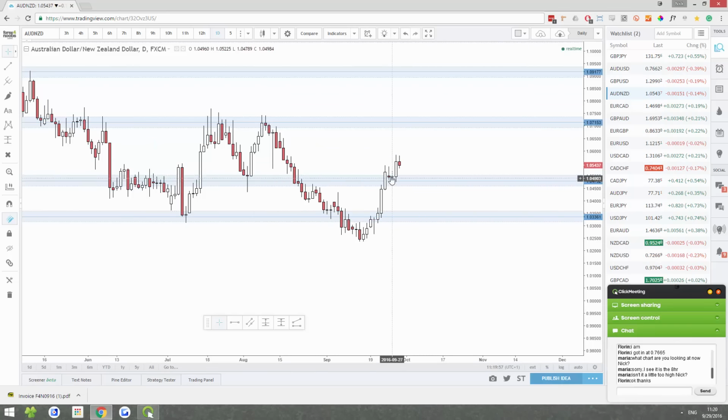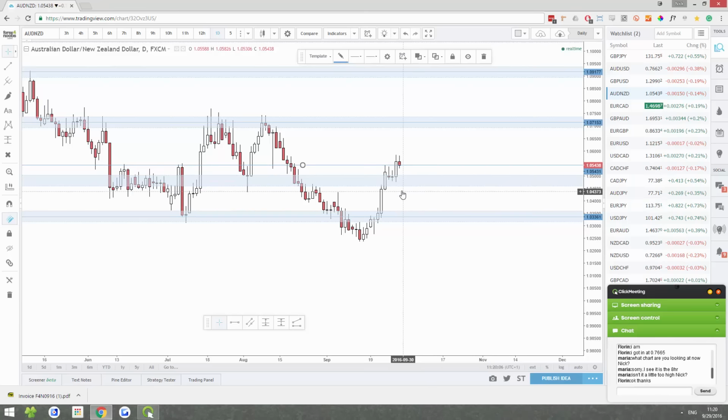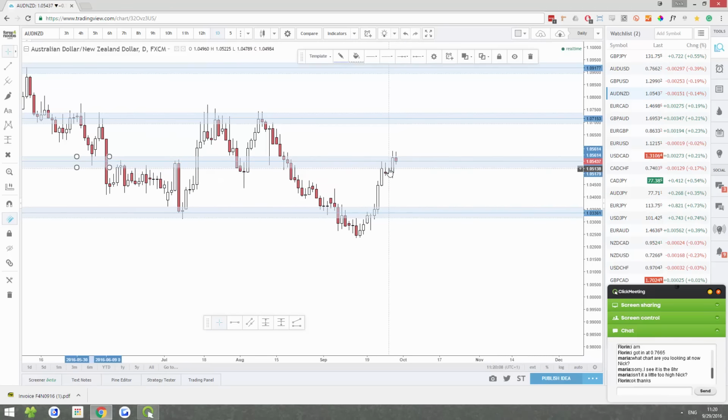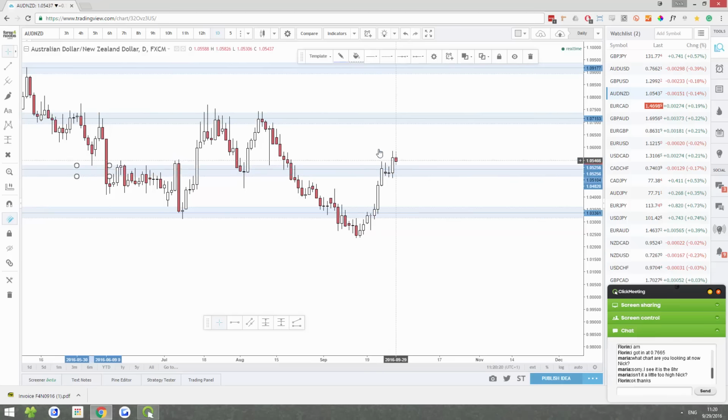I mean, it had these awesome indecision candles. Now I was looking to short here, then it shot up, and now it's got indecision again. I'm tempted to move my resistance area up here and say that we could short from there, but that would be a bad move. I mean, it's clear that there's support resistance all the way through here. I'm just not really going to do anything with this pair right now.